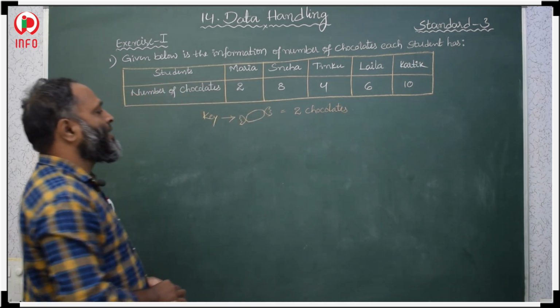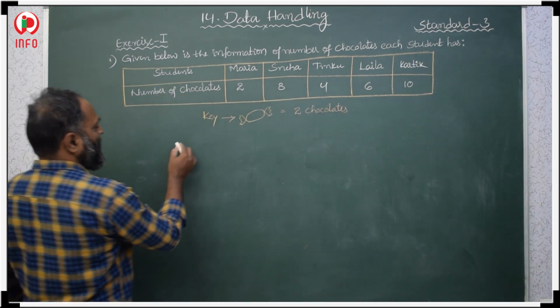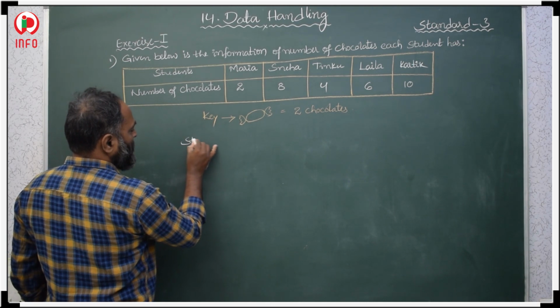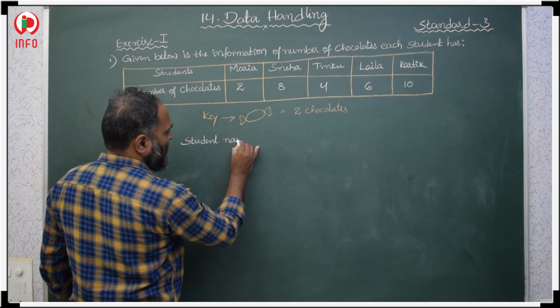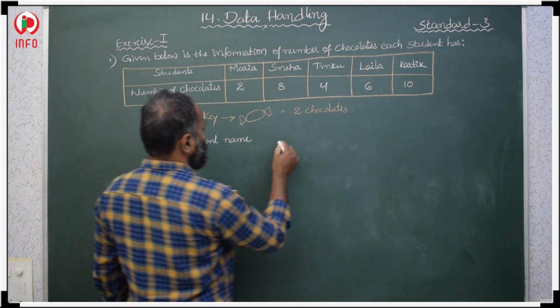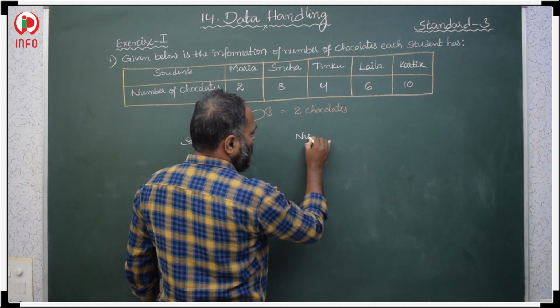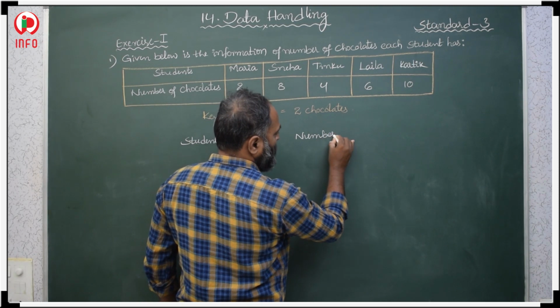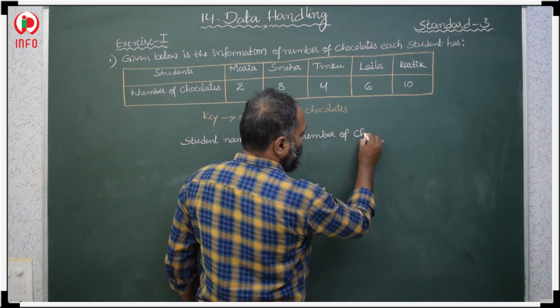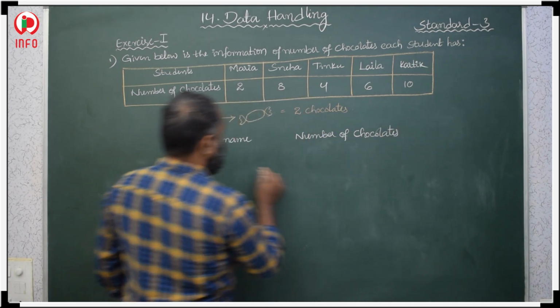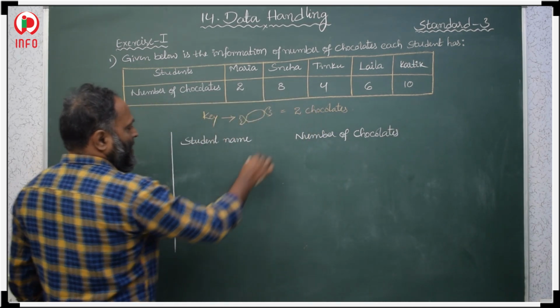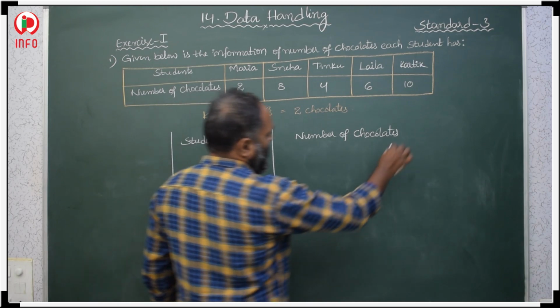Take 1 chocolate as 2 chocolates. Now you take student name, then number of chocolates, and then how to represent. If you take a scale, that is your wish.